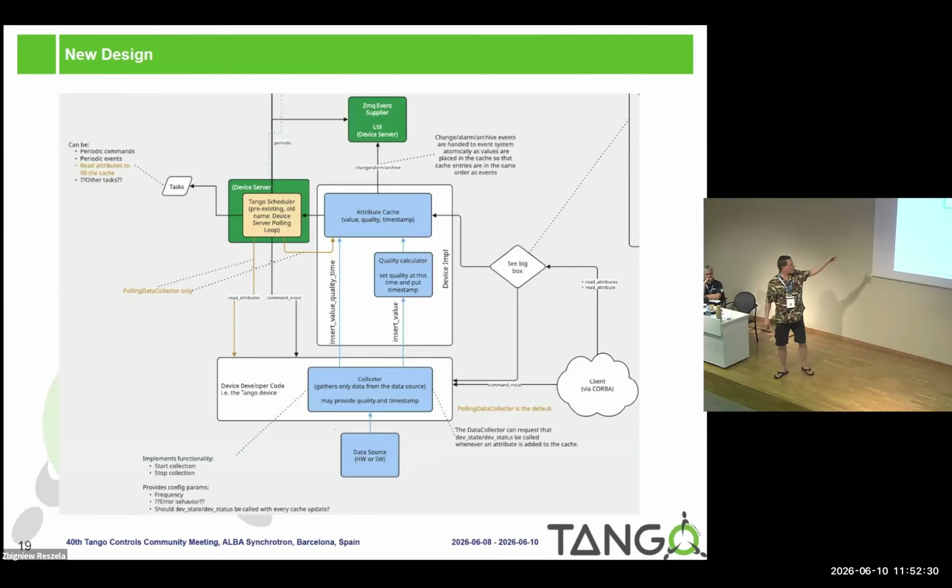So how do we do it? I'm sorry for this big diagram and the small print, but essentially here is your data source. Can be hardware, can be software, can be whatever, can be the interwebs, right? And we came up with the idea of a collector.